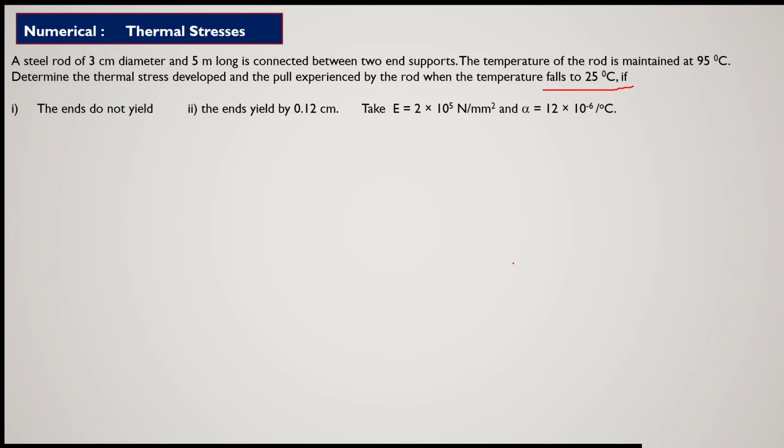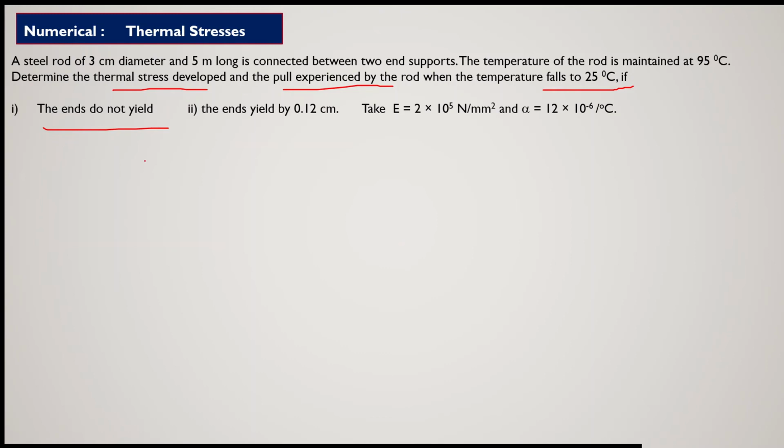Now for simplicity, whether the temperature rises or falls, we will always take the same type of diagram, because we want only to understand the concept. So what we have to find out? We have to find out the thermal stresses developed as well as the pull experienced by the rod with the fall in temperature.